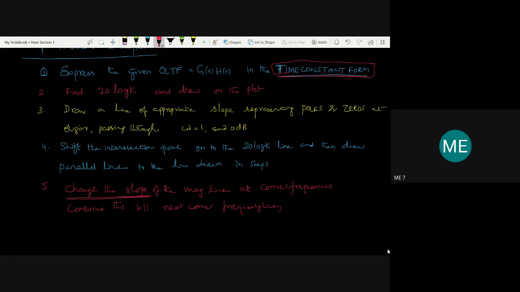Okay. Next, the sixth one is prepare the phase angle table. This is the simple sixth step. Prepare the phase angle table. What factors are there? For each factor, what is the phase angle contribution?